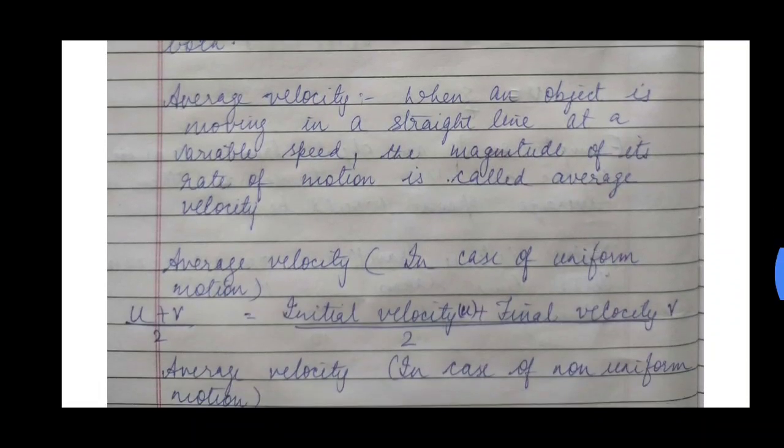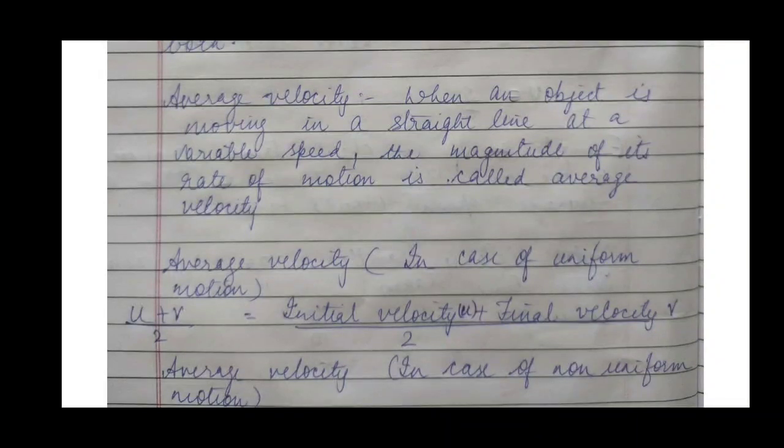Now average velocity in case of uniform motion is (u plus v) upon 2. Here u is the initial position, meaning we started from O, that is our initial position, and the final position is v. When we add the initial position and final position, we divide it by 2 because we have two numbers, right? One number for the initial position, one for the final position. So we have 2 numbers, so we will be considering only 2 values. So we will divide it by 2.